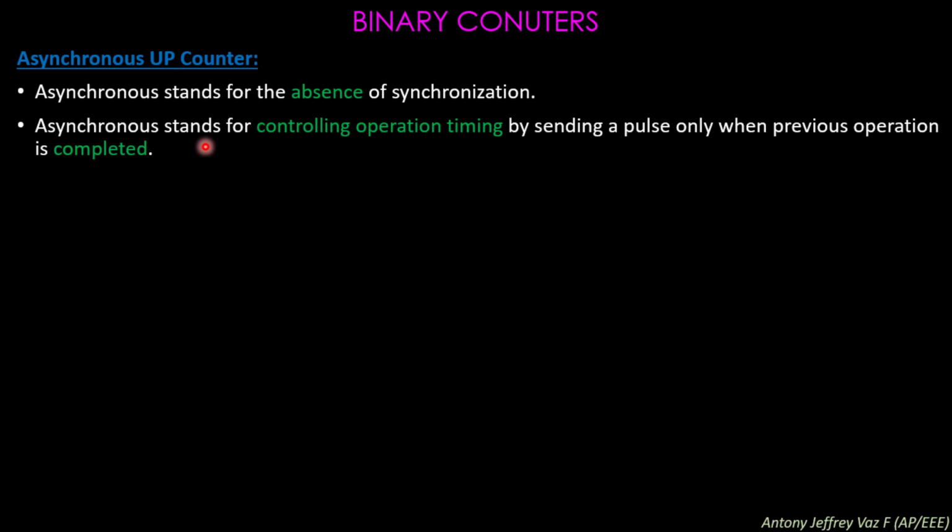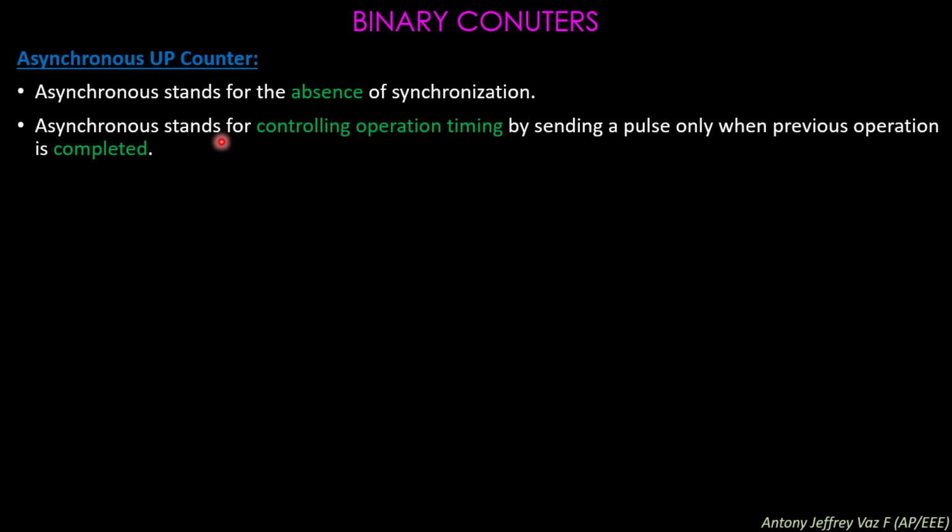In the case of synchronous mechanism, whether the process is complete or incomplete, the clock pulse is going to be driven each and every time. So this causes the flip-flop to run on its own. But in the case of asynchronous mechanism, the clock pulse is present only for the first flip-flop.